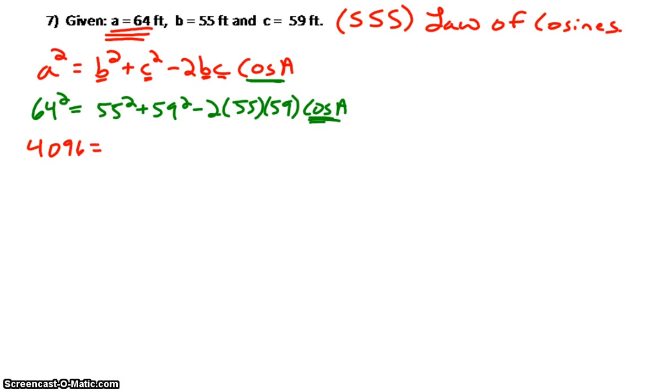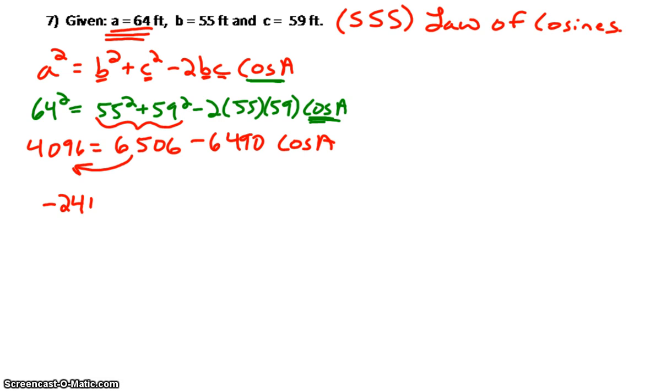I have a 6,506 when I put these two together, and that is all subtract 6,490 cosine A.